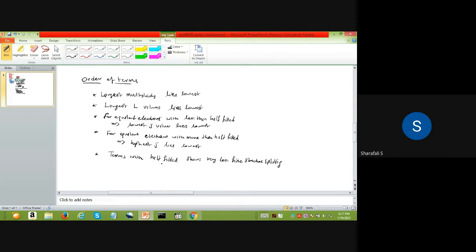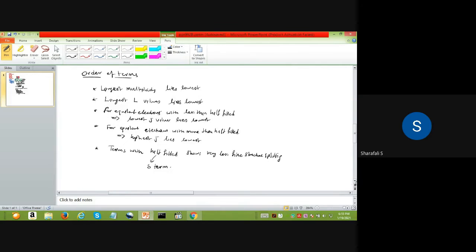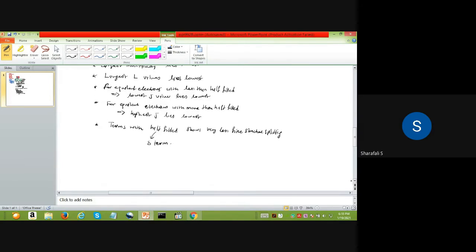So terms arising from half filled subshells will be S terms, which means that any subshell which is half filled will end up in an S term.